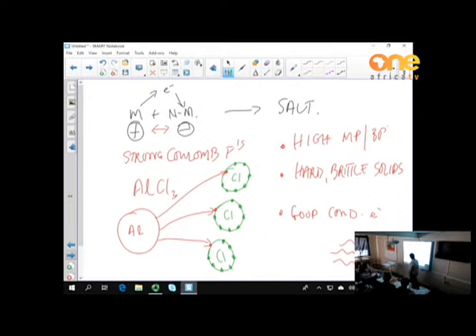The moment aluminium does that, you show it is plus 3, and the chloride becomes -1, -1. There is the ionic bond.